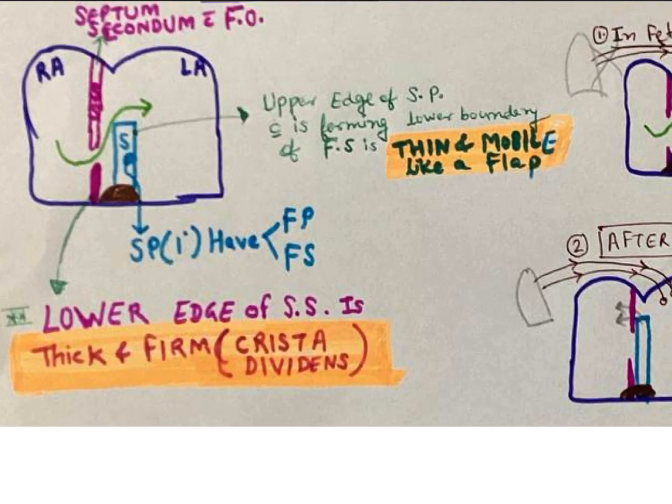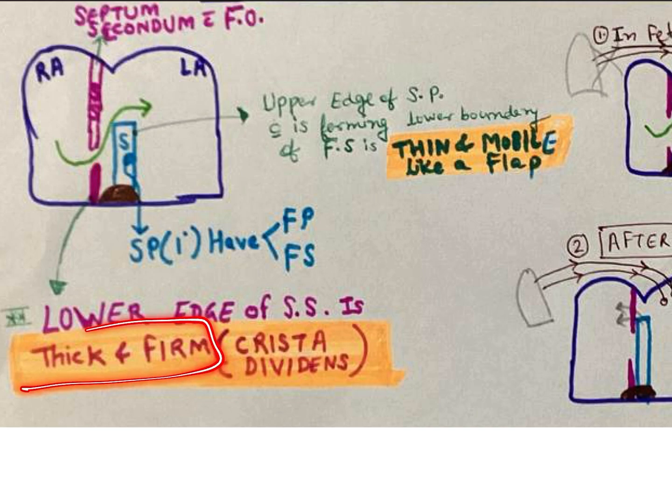Now you are aware of this septum, that this is the septum primum. Where is the upper portion of the septum primum? This upper portion of the septum primum degenerates after formation of this septum secundum. This is the septum secundum, and the lower portion of this septum secundum is thick and firm, which is known as crista dividens. This is in new books.